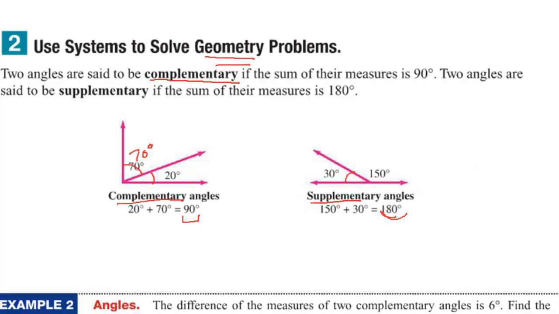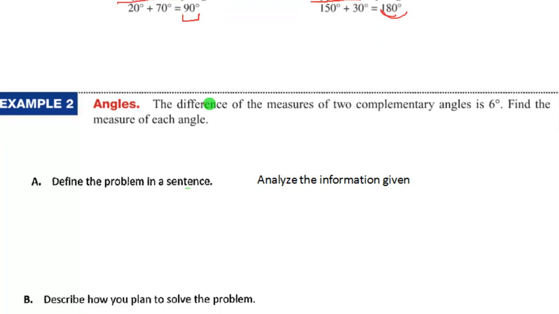Okay, so let's look at the next example. It says the difference of the measures of two complementary angles is 6 degrees. Find the measure of each angle. So let's define the problem in a sentence.